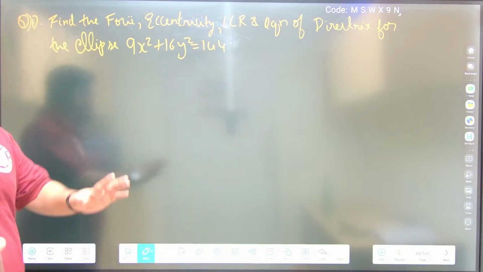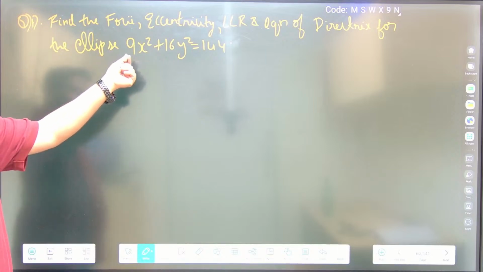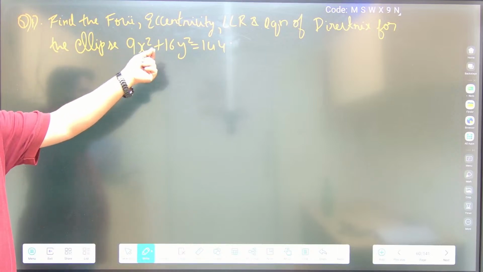The ellipse equation is given as 9x square plus 16y square is equal to 144.